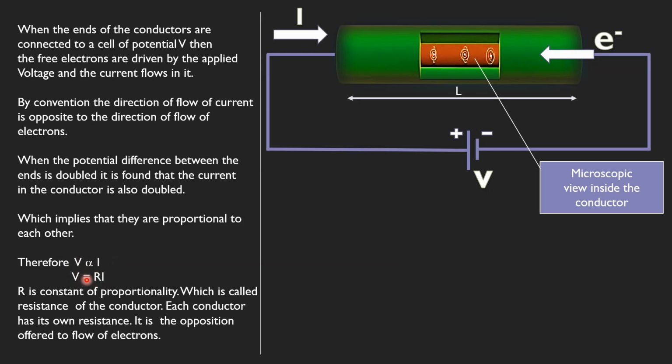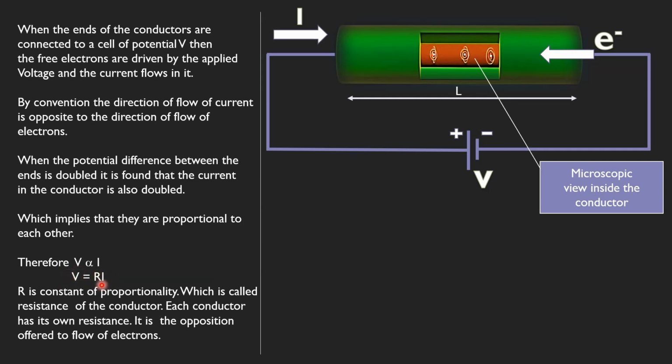So V is equal to a constant of proportionality R into I, which represents the relation between current, voltage and resistance. But actually this is not the equation of Ohm's law. This equation is used to calculate the potential, or the resistance, or else the current flowing through the conductor.